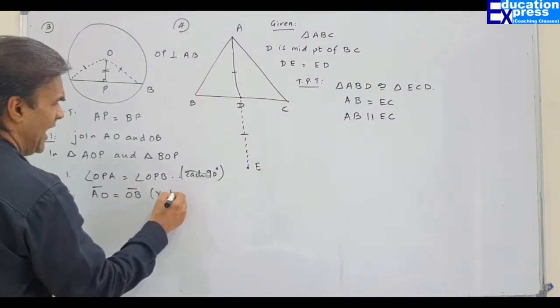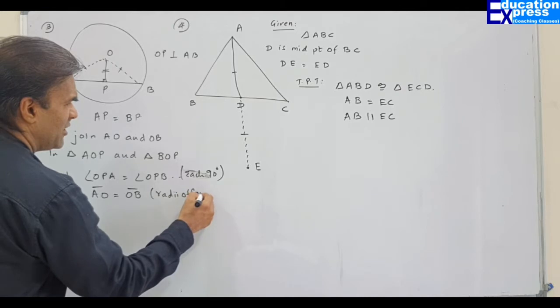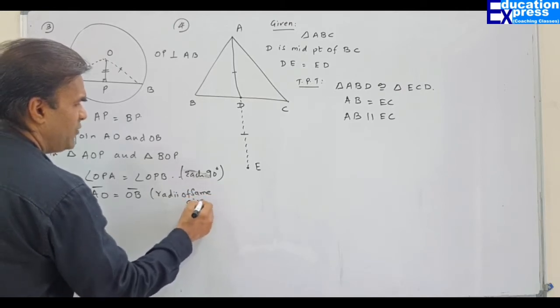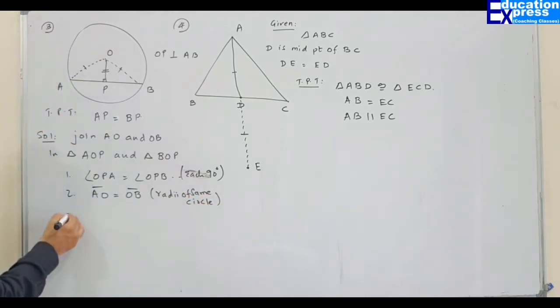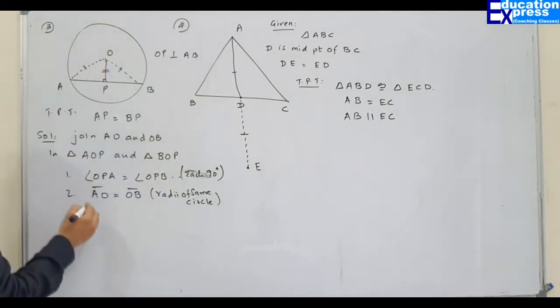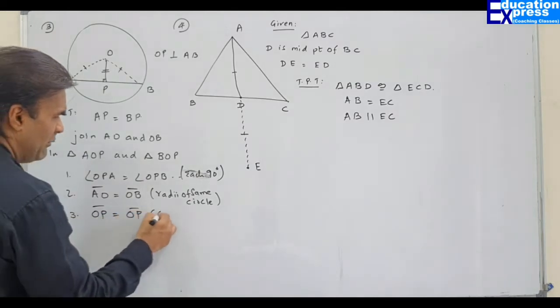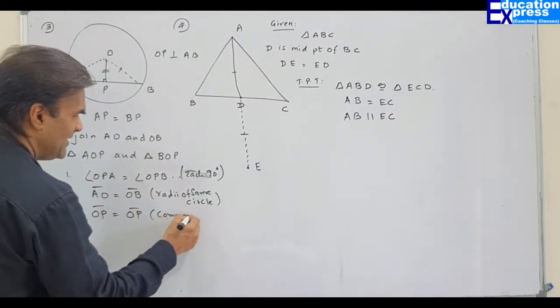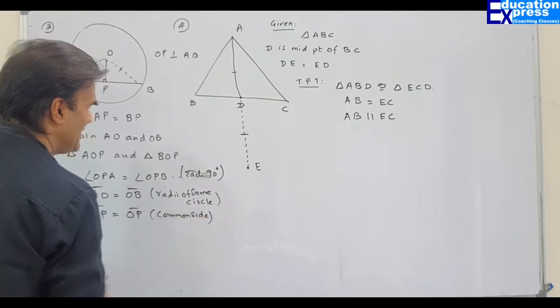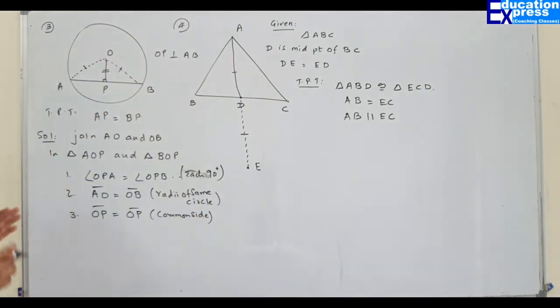It is the radii of the same circle. Absolutely correct. What about the third part? We already have side OP equals OP, which is the common side. Oh yes, so all the three obvious reasons for the triangles to be proved congruent are available with us.